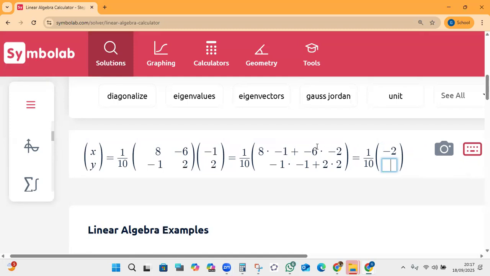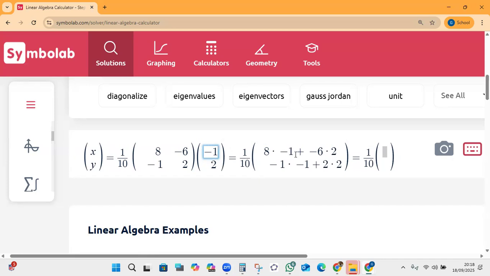8 times -1 is -8. And -6 times +2, sorry, I'm looking at the 10 there.